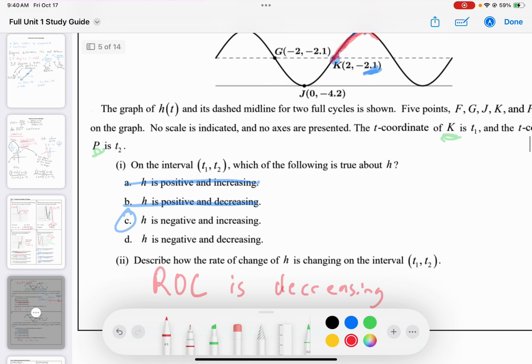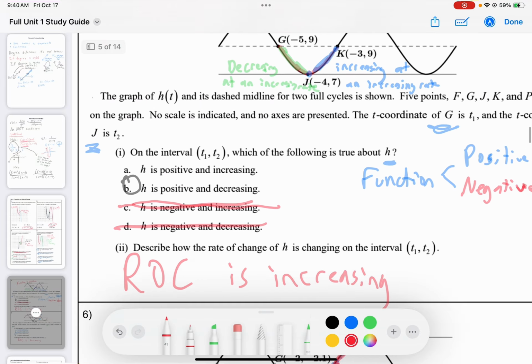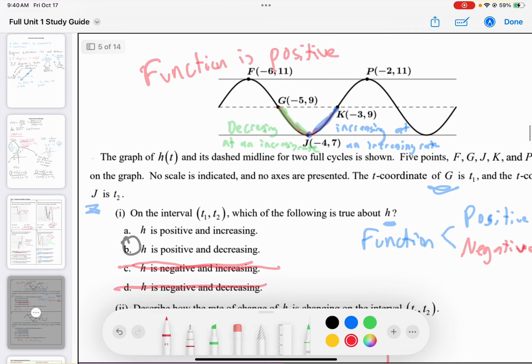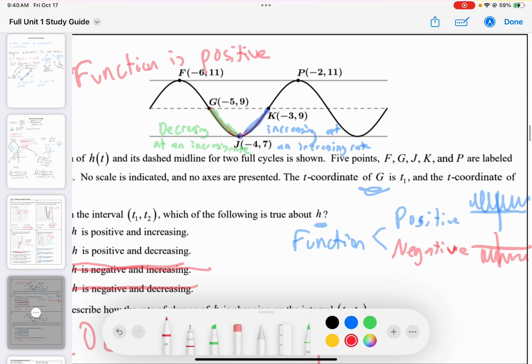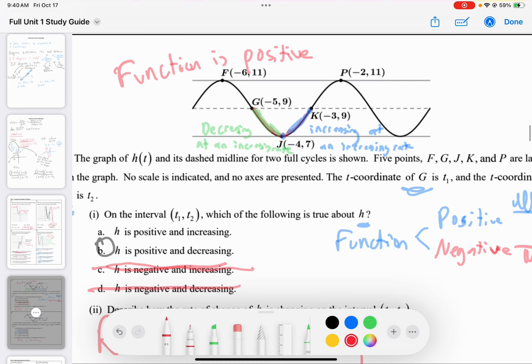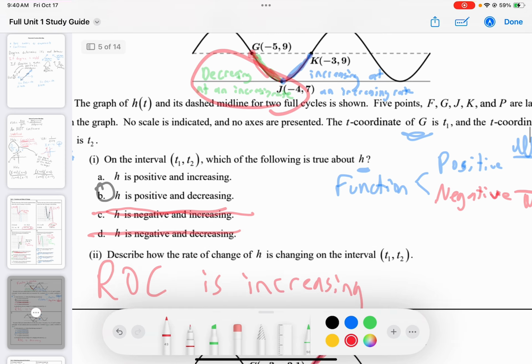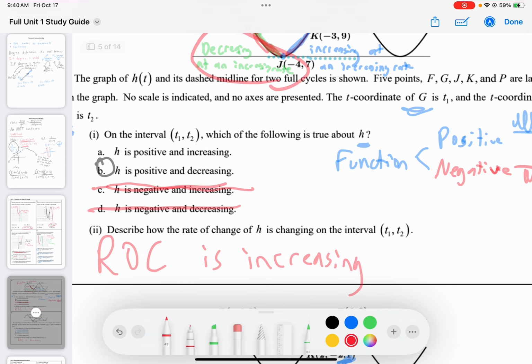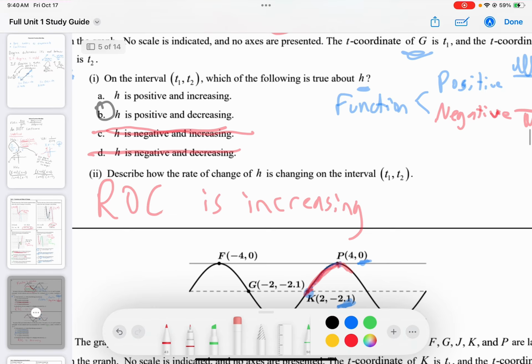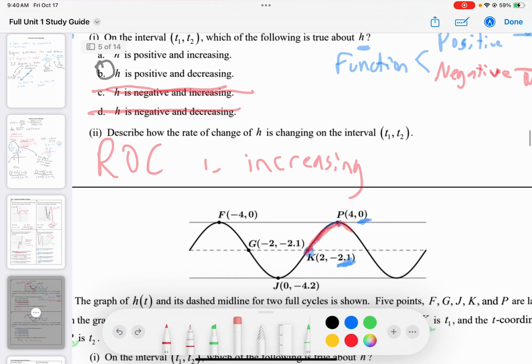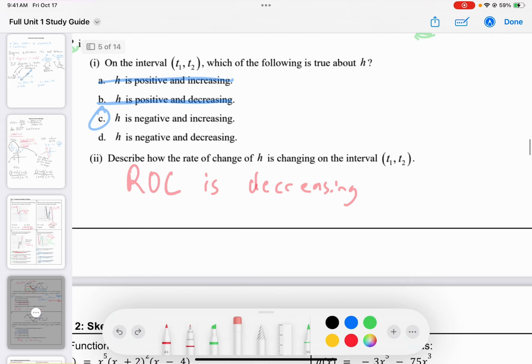And actually, I'm not sure, maybe in this one I should have said, because we're only looking at from G to J, I should have given this full answer here, that we're decreasing at an increasing rate. So the rate of change is, no, that's the function. Okay, actually, no, this is fine, because we're asking about the rate of change. My bad. See, even I get confused a little bit about it. So the rate of change is decreasing.